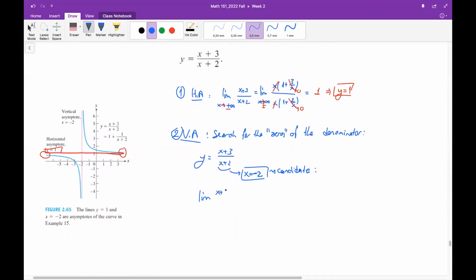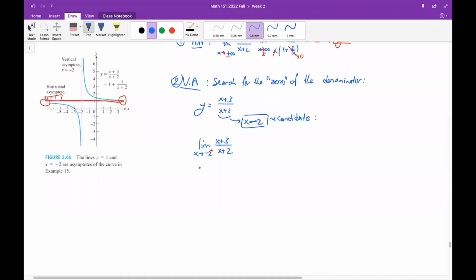So x plus 3 over x plus 2, as x goes to minus 2 from the right. We will look at this limit, and we will also look at the other one-sided limit, x goes to minus 2 from the left.